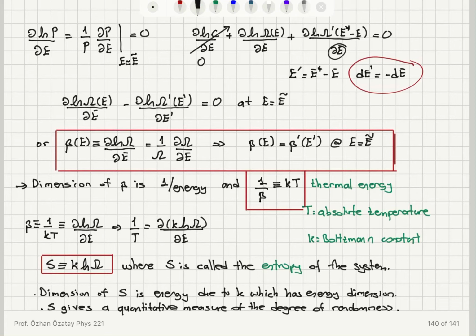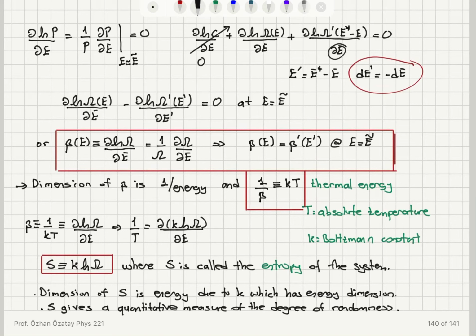So the derivative has to be equal to 0. If you consider the right hand side, del ln C del E, a constant's derivative with respect to energy, is 0, and then we have del ln omega del E plus del ln omega prime at E star minus E del E. Now E star minus E is E prime, the energy of the prime system, and dE prime is minus dE. So we can see here that for the maximum probability, we must have del ln omega del E equals del ln omega prime del E prime.